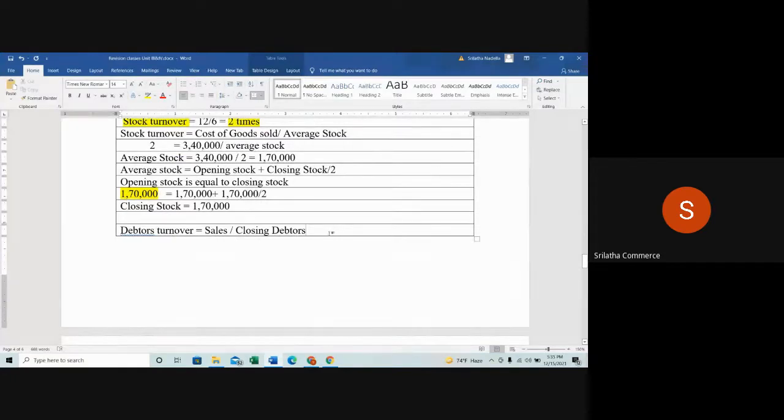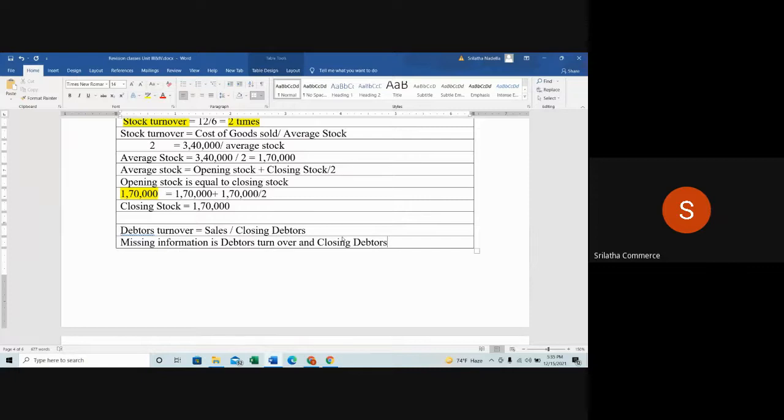So, where are we going to find out the missing information? The missing information is debtors' turnover and closing debtors.